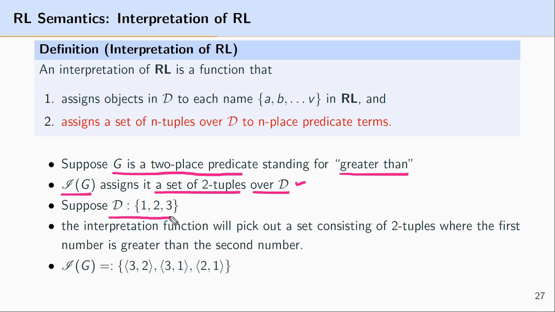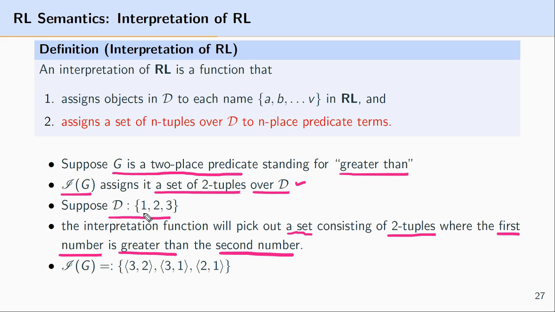So the interpretation function will assign names to items in the domain, but what we're interested in unpacking here is how the interpretation function behaves with respect to this two-place predicate G. So what the interpretation function will do here is pick out a set that has elements that are two-tuples where the first number is greater than the second number.